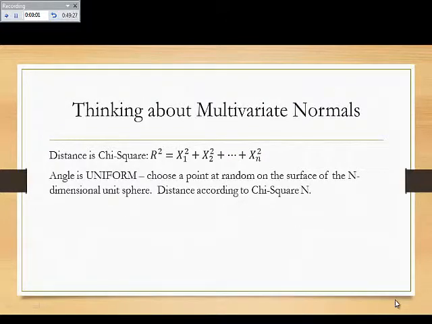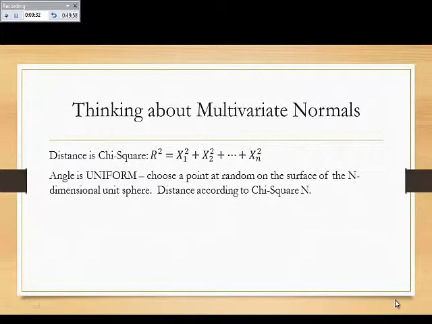Okay, so the distance from the origin: you take a normal distribution, you generate x, y, it's a point in the plane. Now, how far is that point going to be? Well, the square of the distance is going to be x squared plus y squared. Now, one very important property of the normal is that the sum of the squares of independent normals is a chi-square distribution. So x squared plus y squared is chi-squared with 2 degrees of freedom.